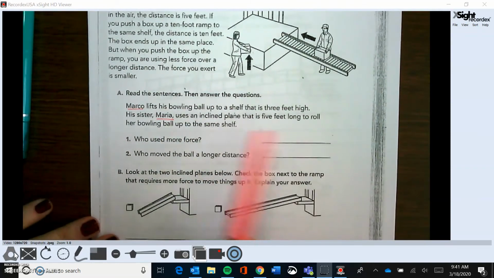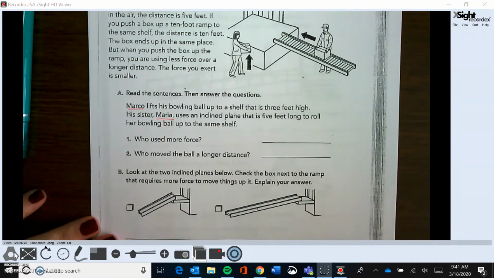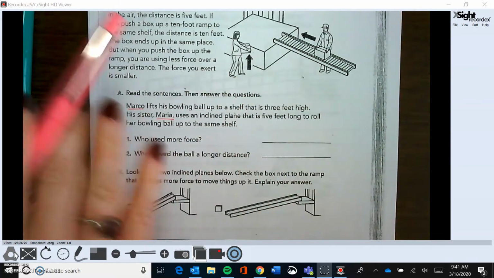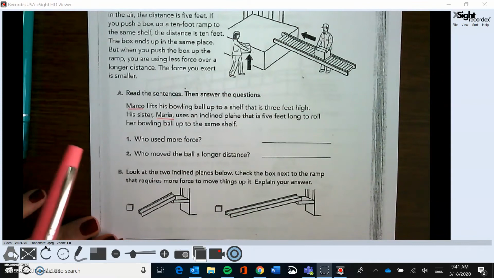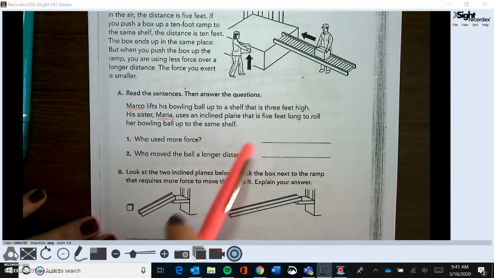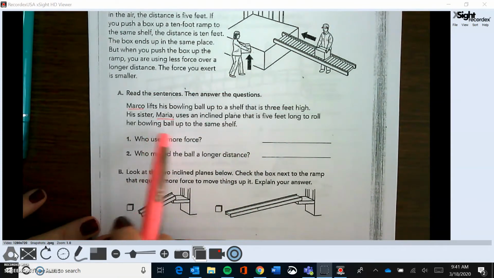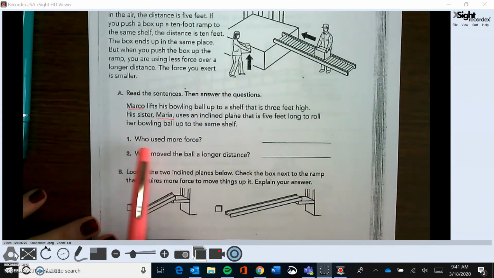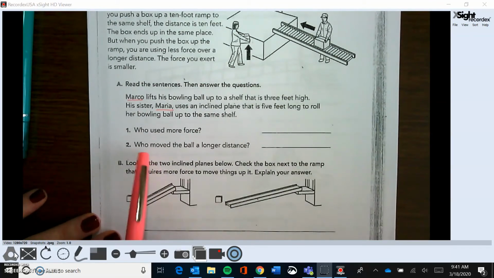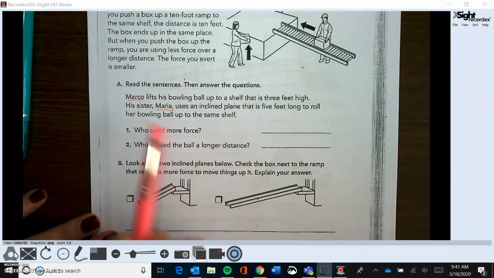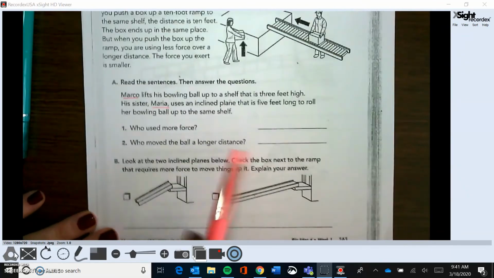So Marco is lifting that bowling ball up over his head to put on the shelf. Maria is rolling it up an inclined plane or a ramp, something similar to that, that is 5 feet long, and she's rolling it up to the same shelf. So who used more force to move their bowling ball, Marco or Maria? Who moved the ball a longer distance, Marco or Maria? That's what you need to figure out.